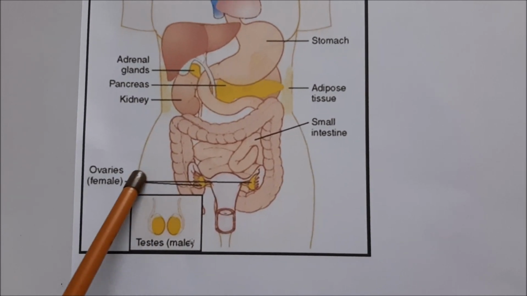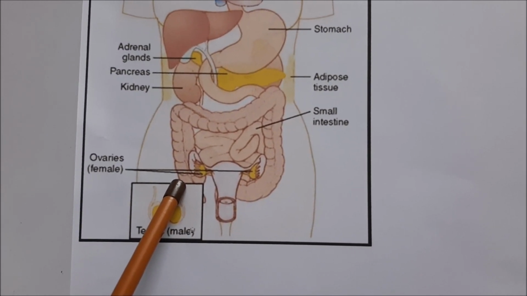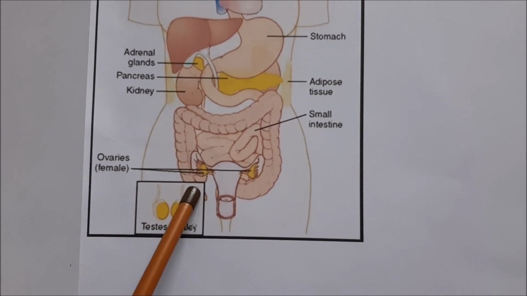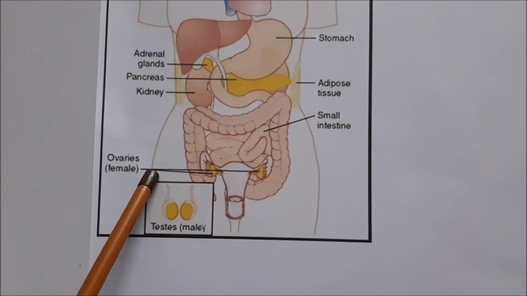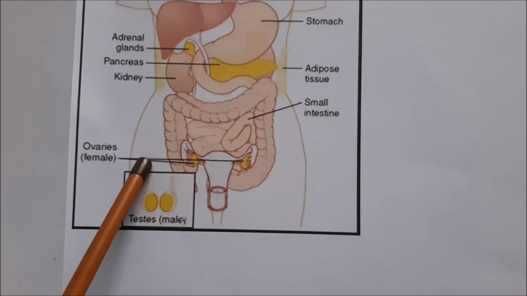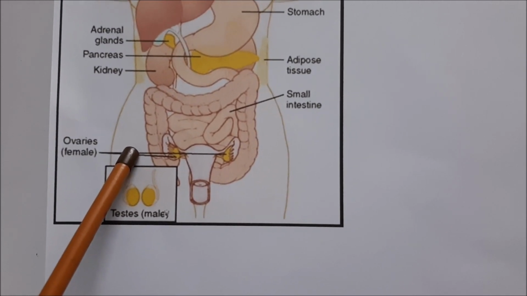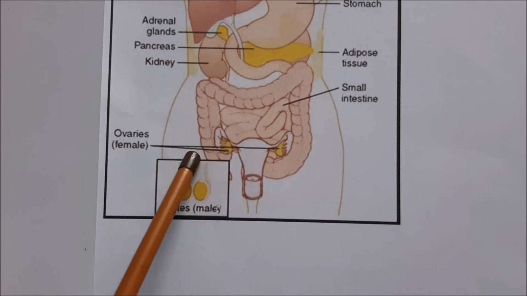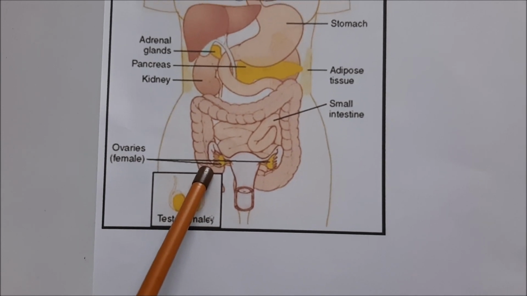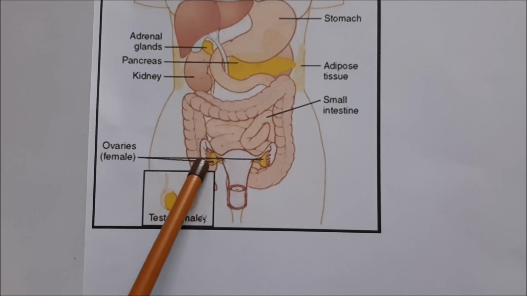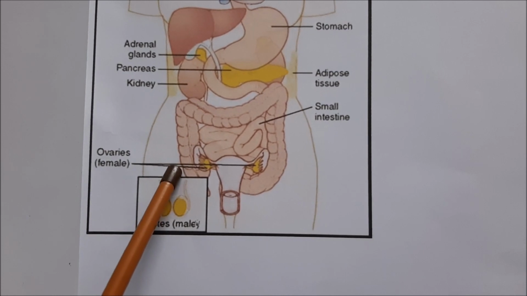Now come to the testes. The testes release testosterone. The main function of testosterone is to maintain the growth and development of the male reproductive system and also the secondary sexual characteristics.